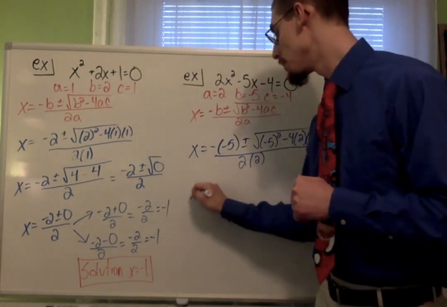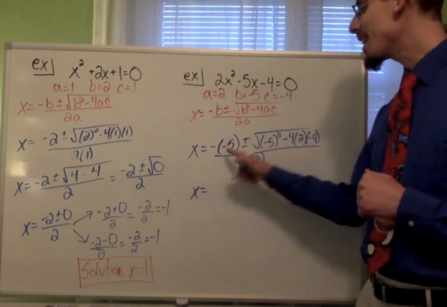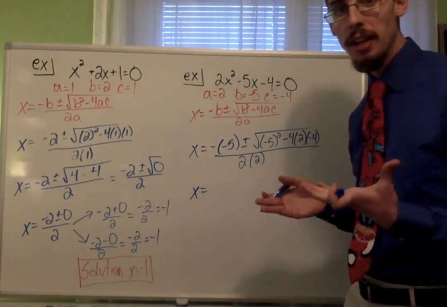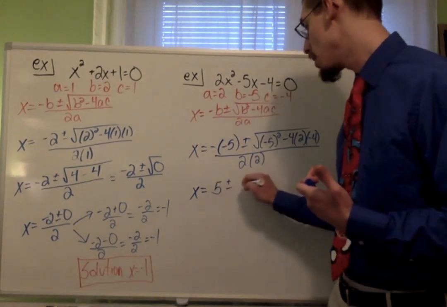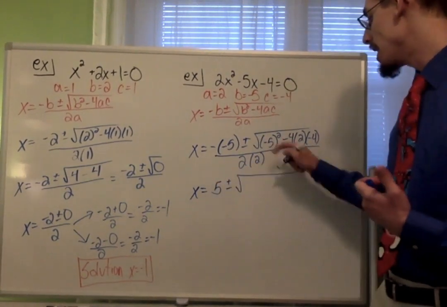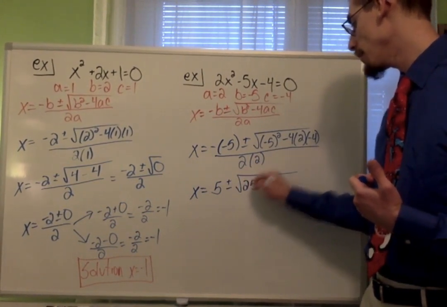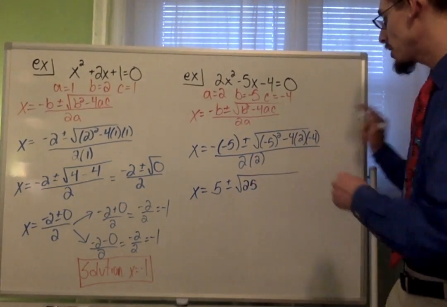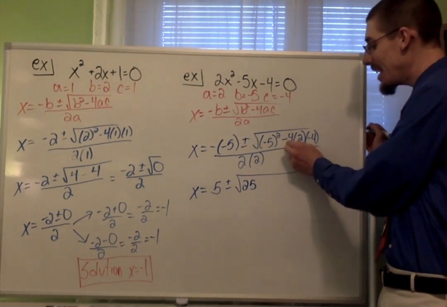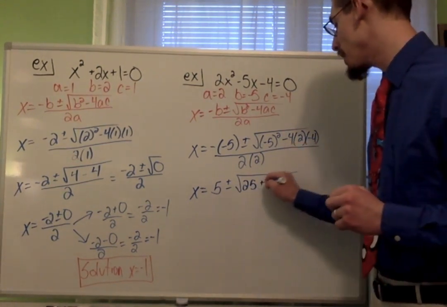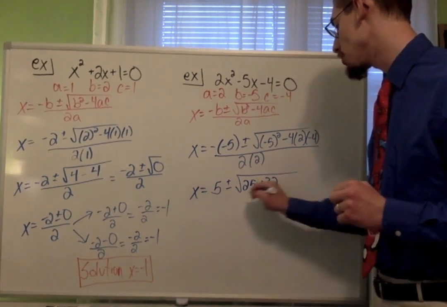So, negative 5, isn't that a double negative, which would cancel the negative out to make it 5? And in here, negative 5 squared is 25, and negative 4 times 2, so that's negative 8. And then negative 8 times negative 4 would actually make it positive 32.